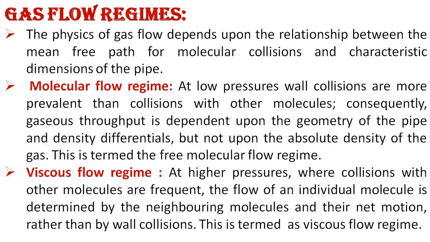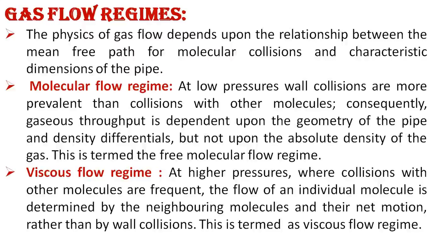This is termed the free molecular flow. And the second one is the viscous flow regime. At high pressure, collisions with other molecules are frequent. The flow of an individual molecule is determined by the neighboring molecules and their net motion rather than by wall collisions. This is termed viscous flow.